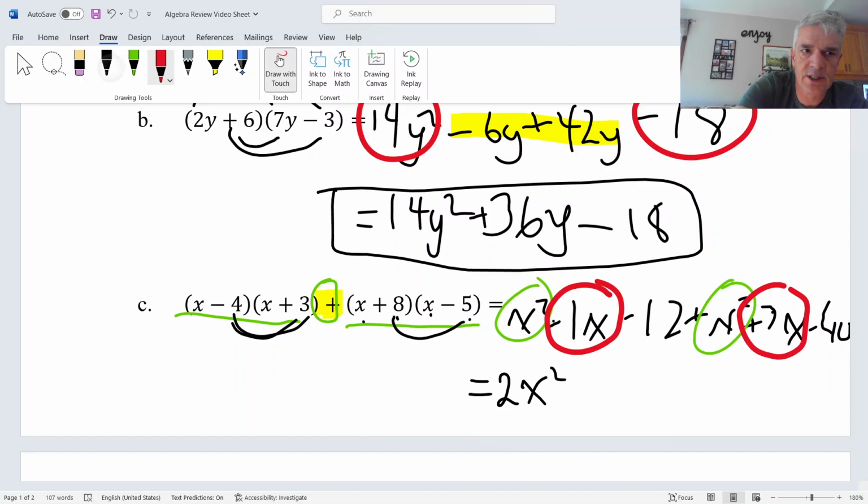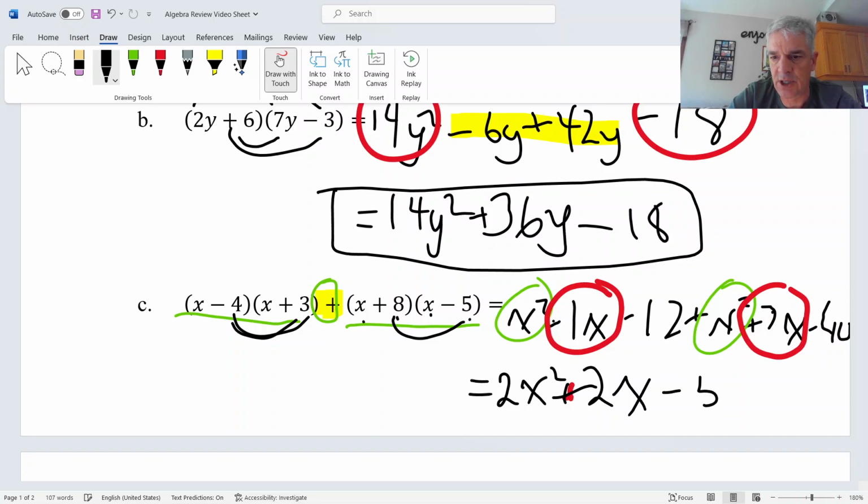Minus x plus 3x is plus 2x. And then finally, I have minus 12 minus 40. I know I've taught this trick in class: when you have a minus and a minus together, add them and it becomes a bigger minus. And so that's minus 52.